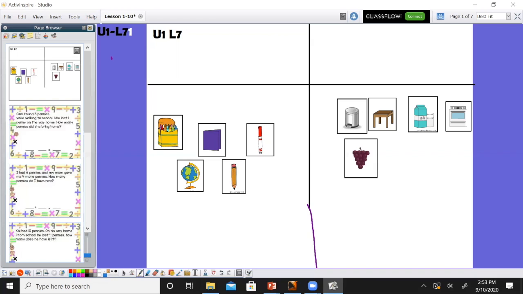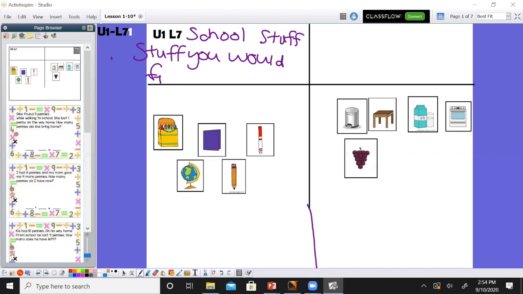This was, we could maybe name it a couple different things. Like what you think is not going to be exactly the same title that Nora might pick or Tristan. Nora, what would you say? School stuff. So let's label this school stuff. Or maybe stuff you would find at school.